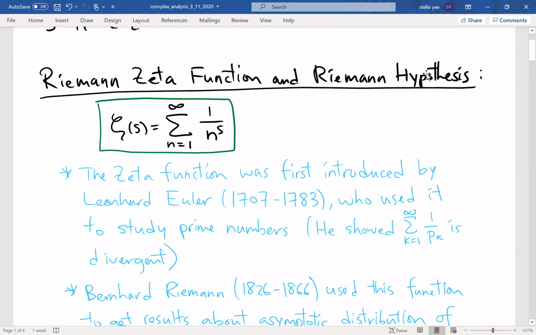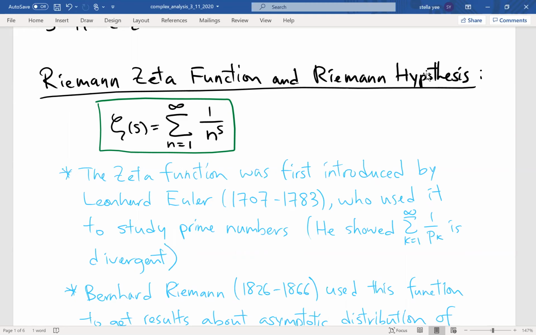It's named the Riemann zeta function, but really it was first introduced by Leonhard Euler, who used it to study prime numbers. In particular, he showed that the sum of 1 over the prime number, over all the prime numbers, is a divergent series. So that says something. Well, first, it shows that there are infinitely many prime numbers because it diverges.